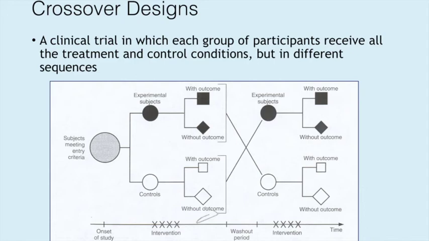There are also crossover designs where groups of patients receive all the treatment and control conditions but in different sequences. So this is done a lot to see if there are differing outcomes based on how the treatment or the medicine is dosed.